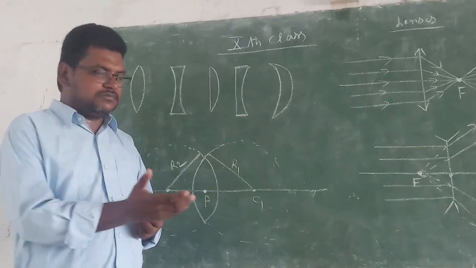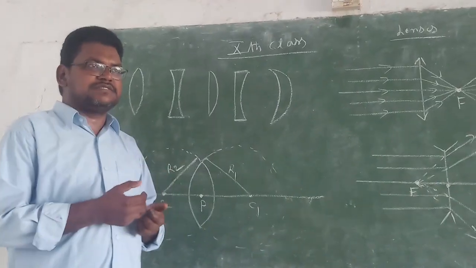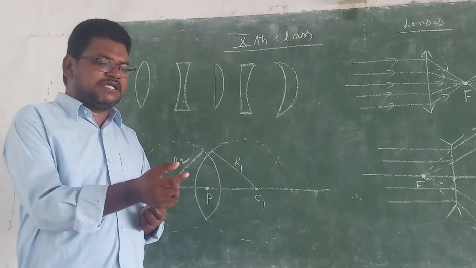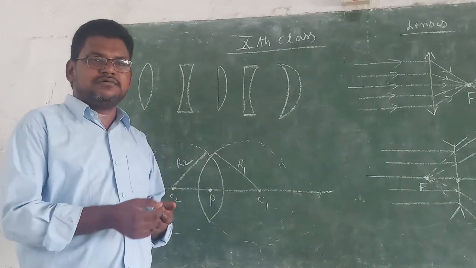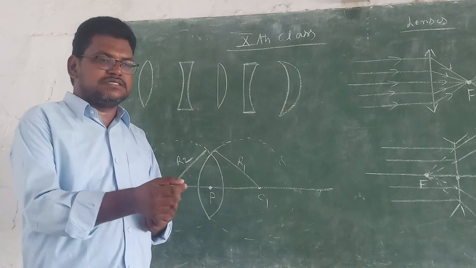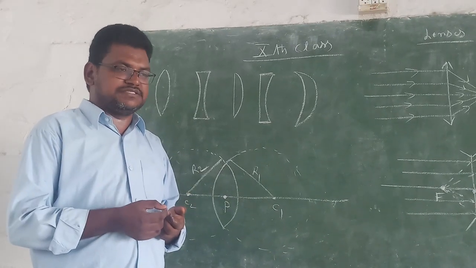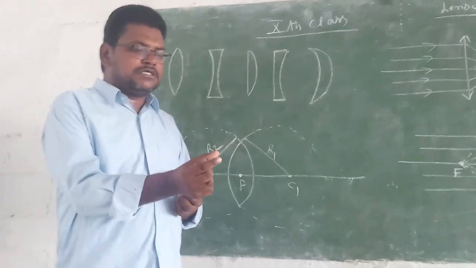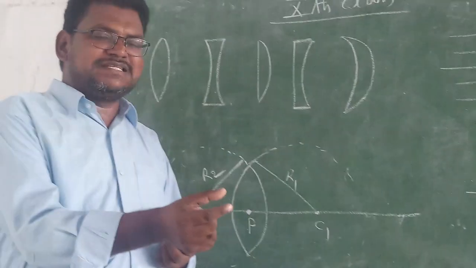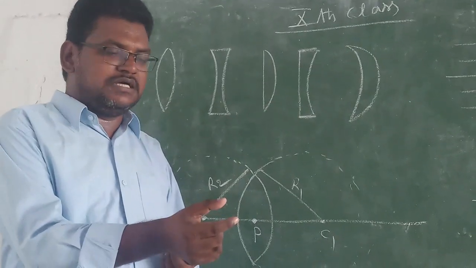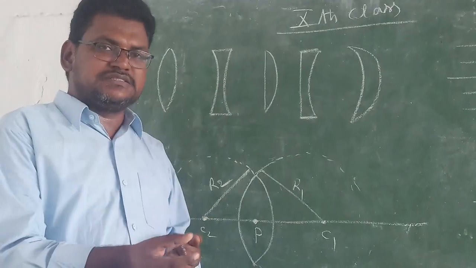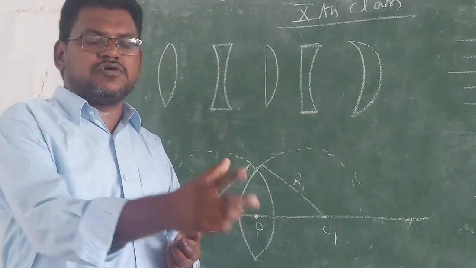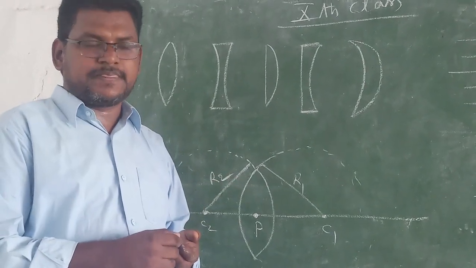Suppose we have a few lenses. By touching them we can identify which one is a convex lens and which one is a concave lens. If the lens is thick at the middle and thin at its edges, it is called a convex lens.